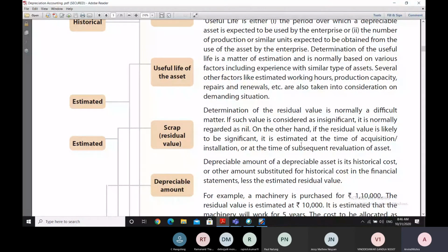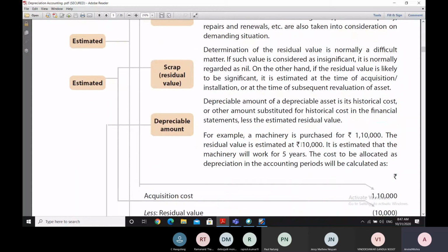So from the historical cost, when we reduce the estimated residual value, what we get is the depreciable amount, and then finally the depreciable amount has to be allocated to the years of useful life that has been estimated.